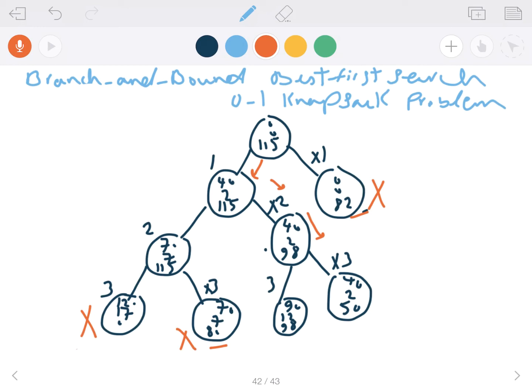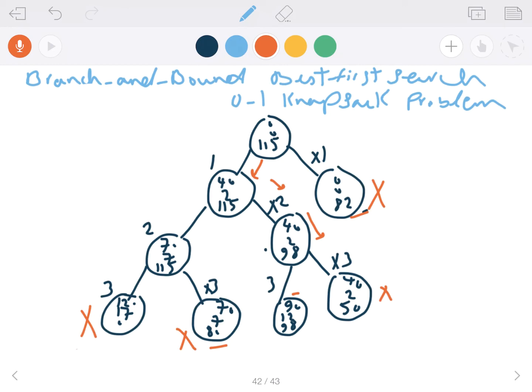The only item that remains is item number 4, which will be expanded after. But the bound for this node is equal to 50, and we already have this node here that is giving us the profit equal to 90. So this node is also not going to be expanded.